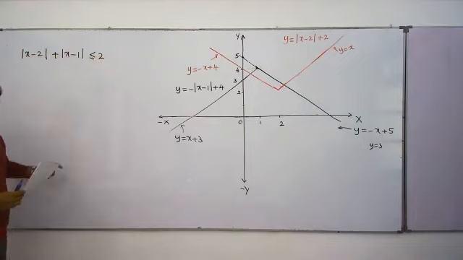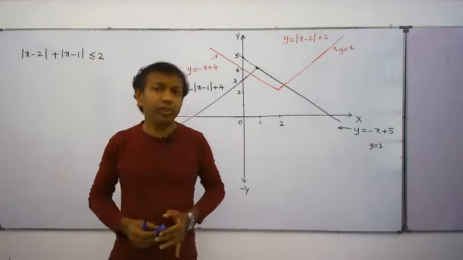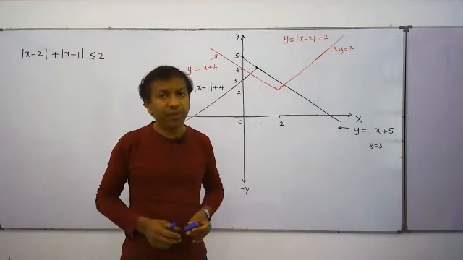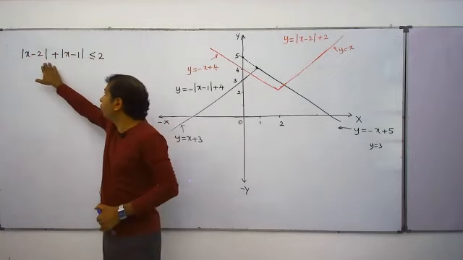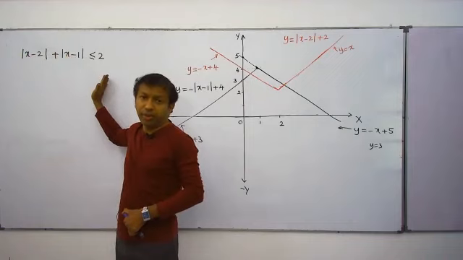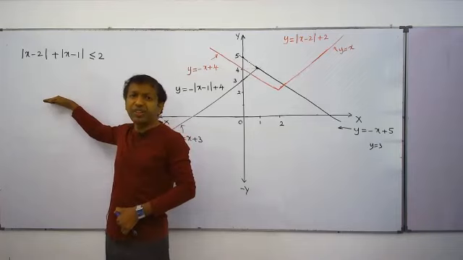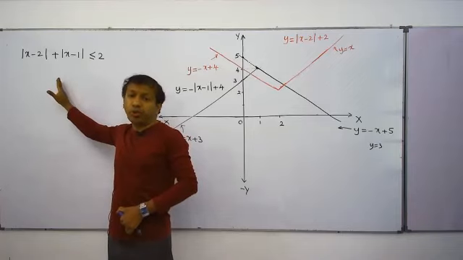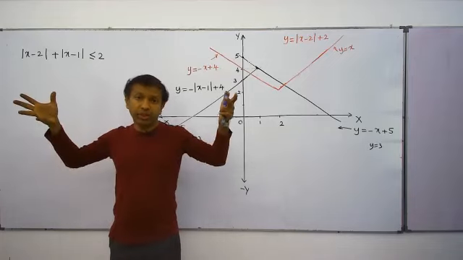People, you know this inequality, you can solve in another way also. What's the other way? Can you remember? We solve this kind of inequalities by defining both mod x minus 2 and mod x minus 1, marking them on the number line and separating some regions. And in every region, we solve this inequality and finally find the union.